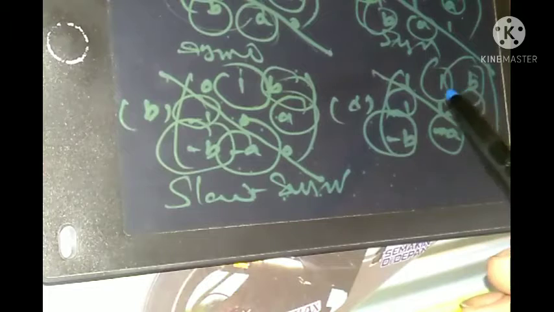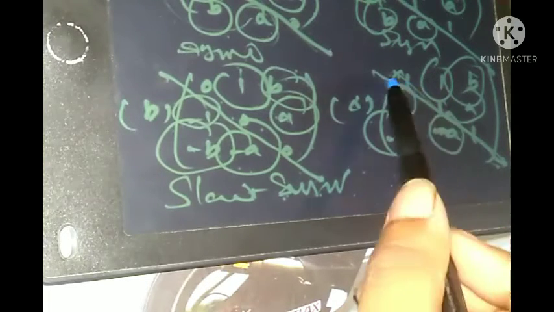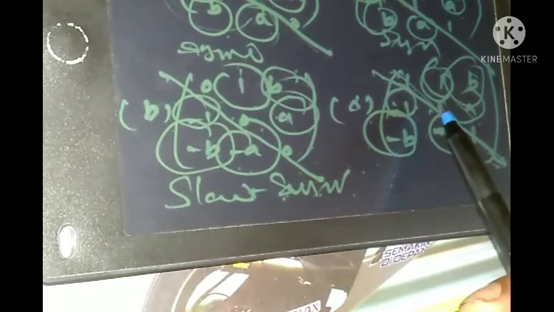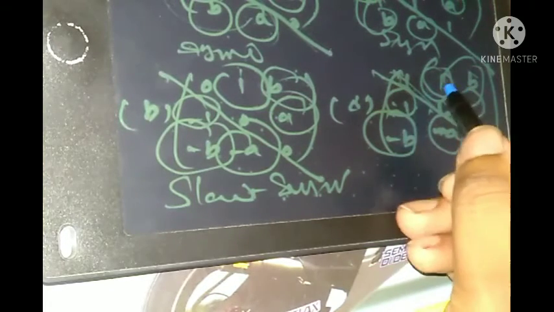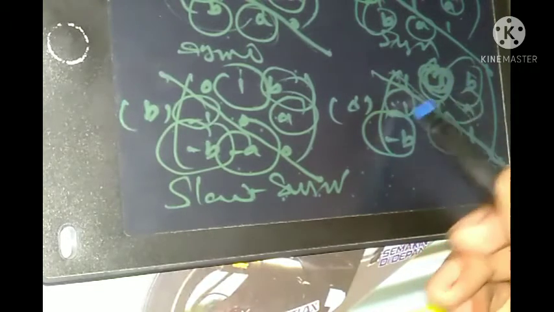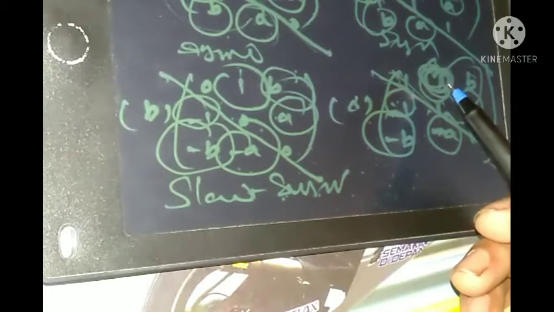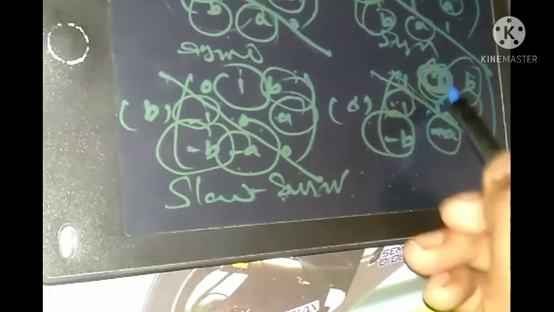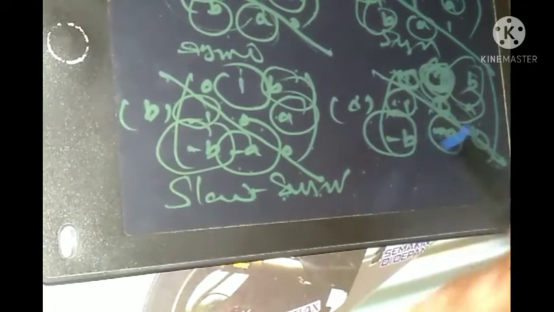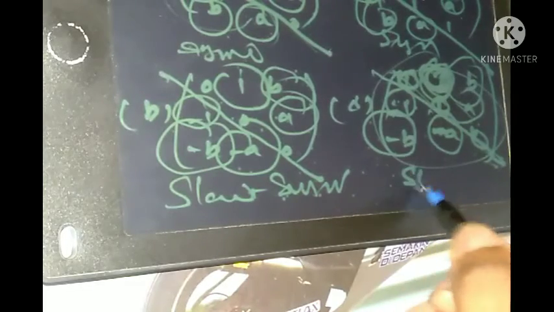This is neither symmetric nor skew symmetric, because for skew symmetric all the diagonal elements must be 0, but here the diagonal elements are 1 1 1, there are no zeros, and 1 is opposite minus 1. If all the diagonal elements are 0, and the elements above and below are the negatives of each other, then the matrix is 100% skew symmetric.